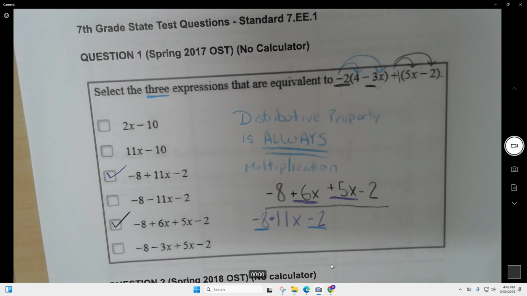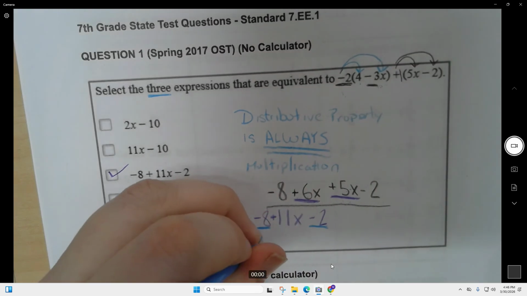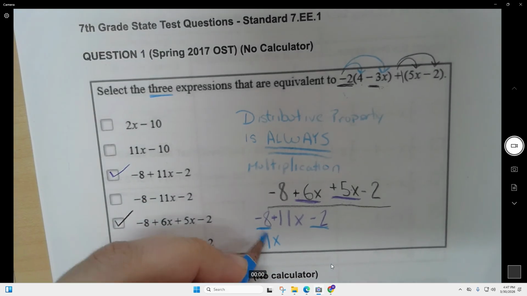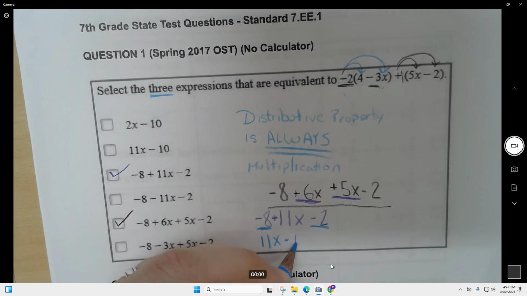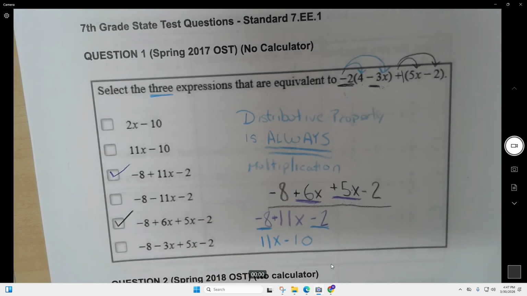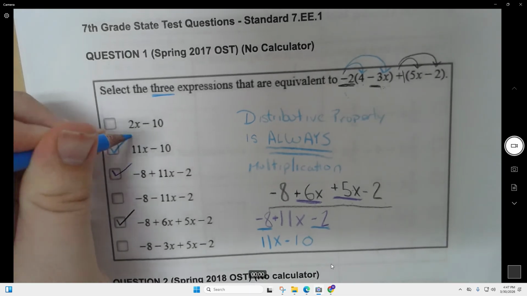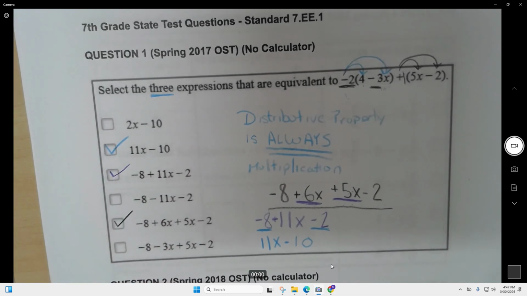Okay, it doesn't magically make your debt 0. So 11x comes down. Negative 8 minus 2 makes negative 10. And we check. No. There we go. We have 3 things checked. Those are our 3 answers. Huzzah.